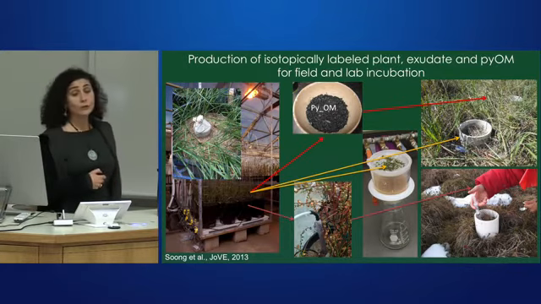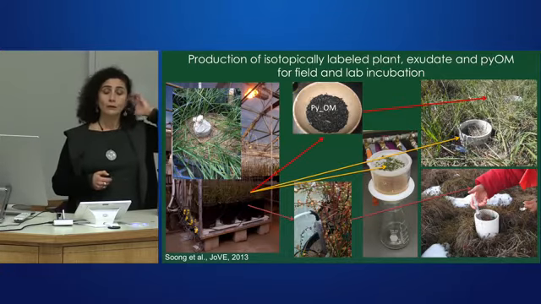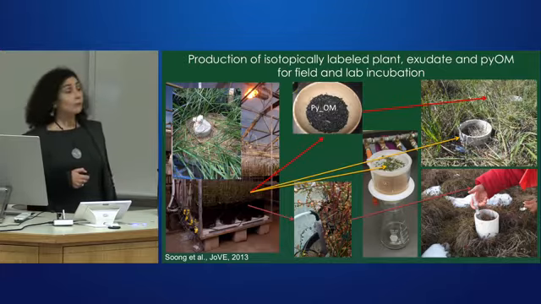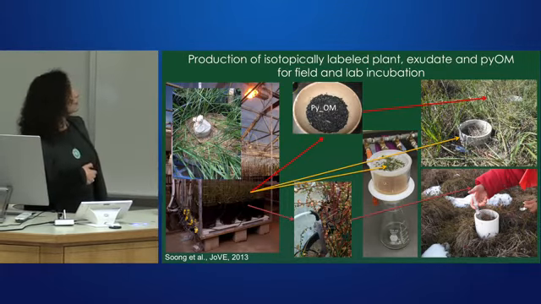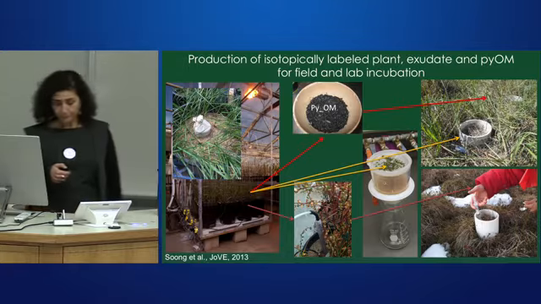This is a pretty big chamber. It is about 2 meters tall because we also wanted to do big grasses and trees. It's a chamber that we describe, if you are ever interested in building one, in the Journal of Visualized Experiments. There is a video that describes how it works and how you can build one.